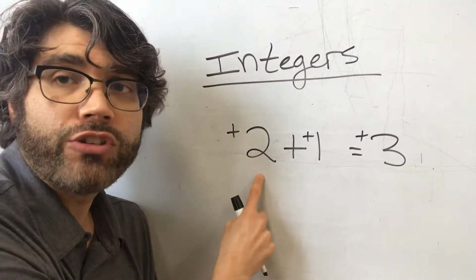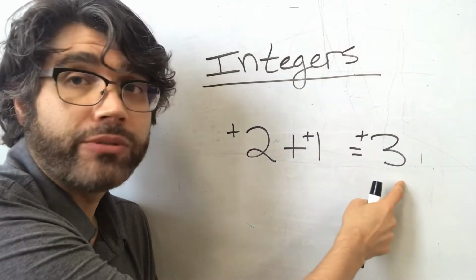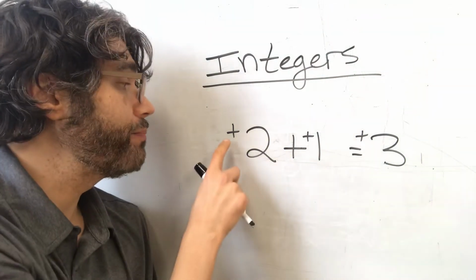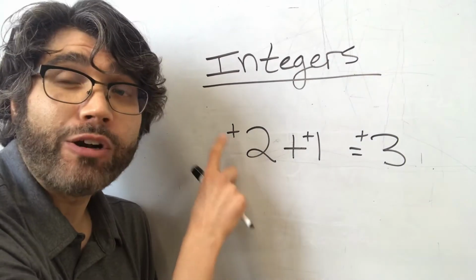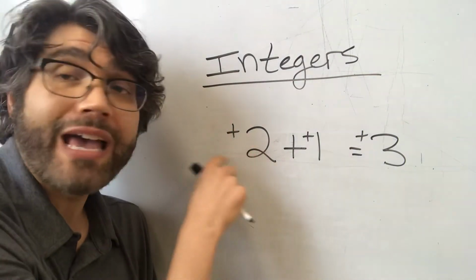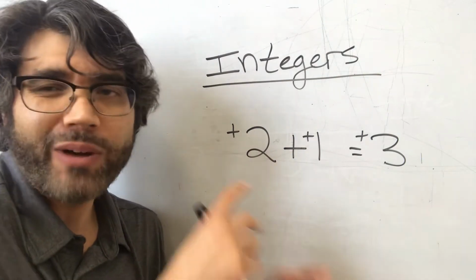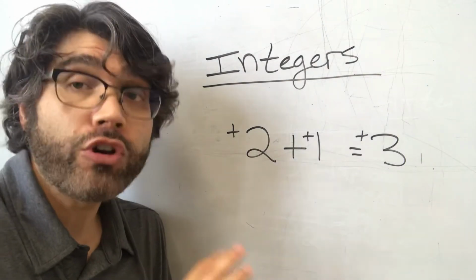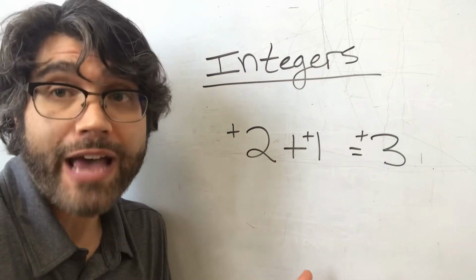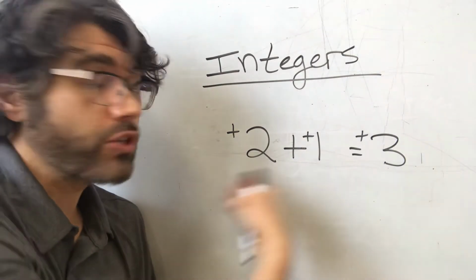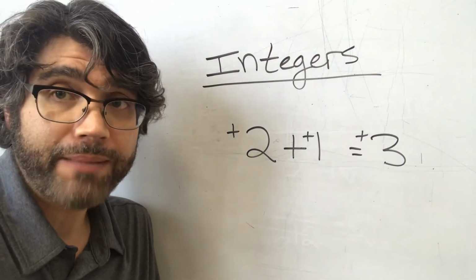A +2 plus a +1 is a +3. Now, because numbers that are positive and that don't have any sign in front of them are just assumed to be positive, we don't bother writing the little positives in front. But you could if you want to, like technically you could have if you wanted. So this is a totally fine statement if you want to leave it like that.